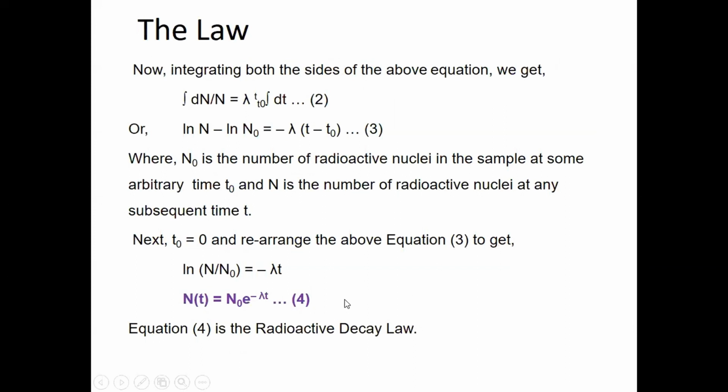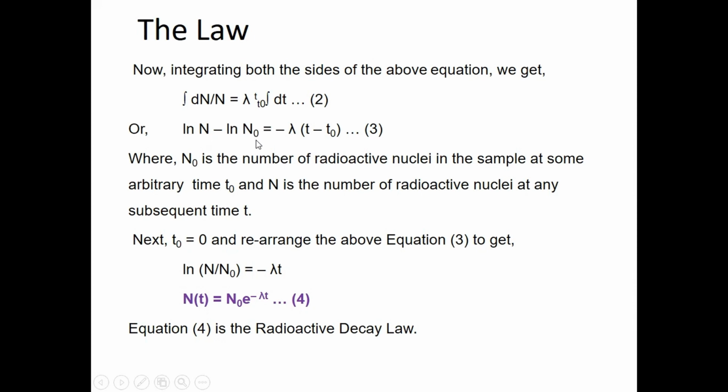As we move further, we can integrate dN over dt from t0 to t, and lambda being constant can be taken out. Once we integrate, we find that it is natural log of N minus natural log of N naught.